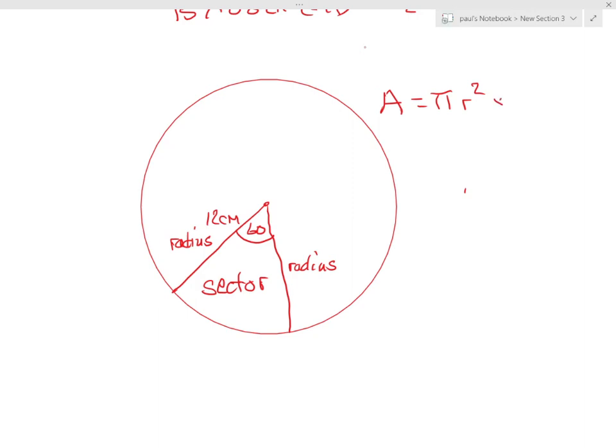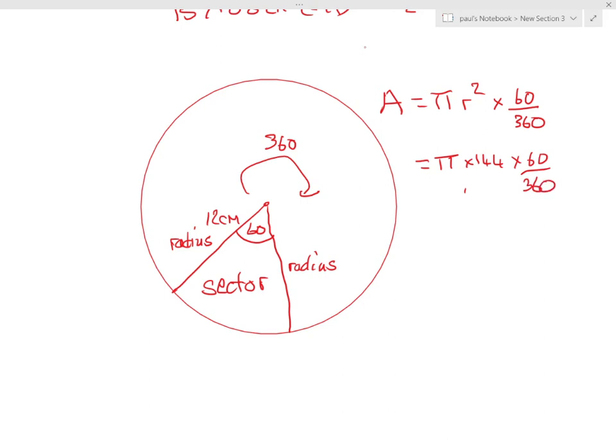So this would be 60 out of 360, because 360 is all the way around. So it's only a bit. So let's do this, is pi, radius is 12, 12 squared is 144 times 60 over 360.